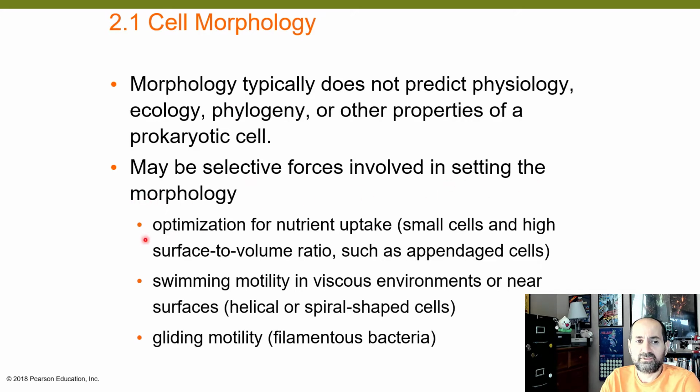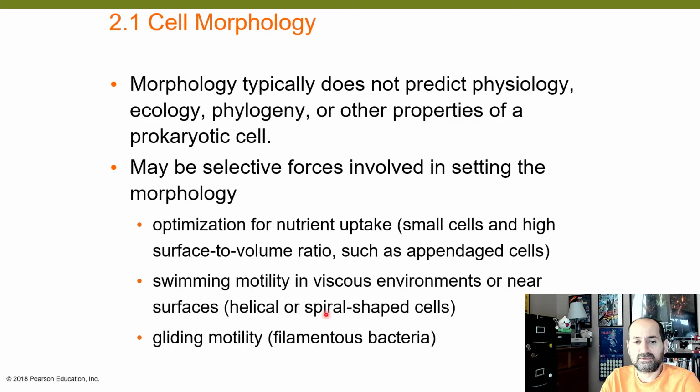So for example, you could have an optimized cell size for nutrient uptake, optimized surface to volume ratio. I'm going to show you how cell shape affects surface to volume ratio in a minute. It could affect swimming motility.